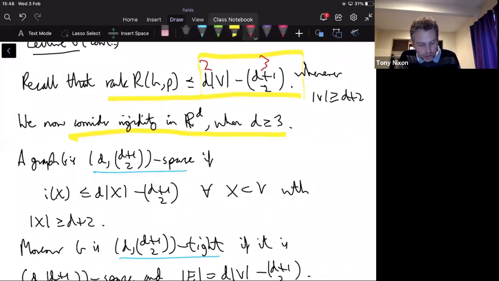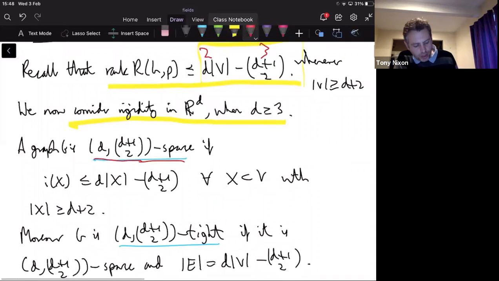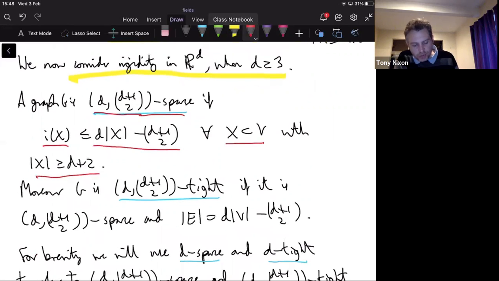Now a (d, d+1 choose 2)-sparse graph is a graph such that for any subset X of the vertex set of size at least d plus 2, the number of edges induced by X is at most d|X| minus (d+1 choose 2). And then, as we did for 2-free sparse and 2-free tight, we can say a graph is (d, d+1 choose 2)-tight if it's sparse and the total number of edges is the max possible: E is dv minus (d+1 choose 2).